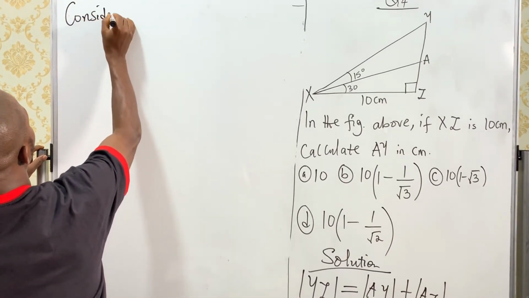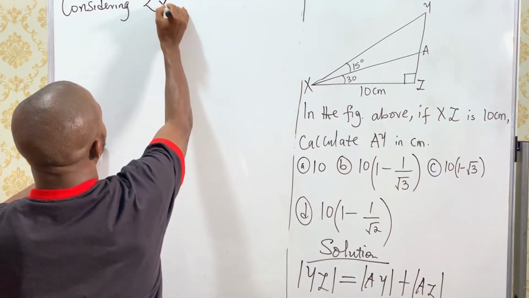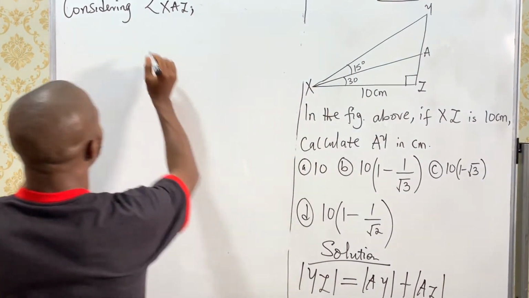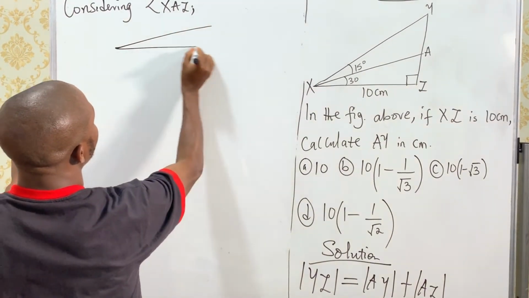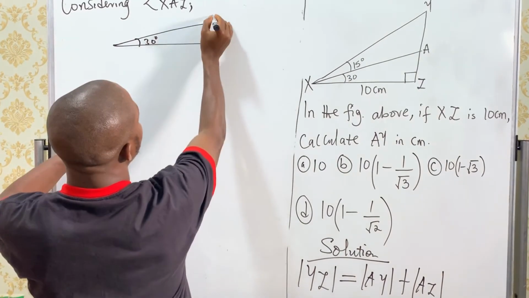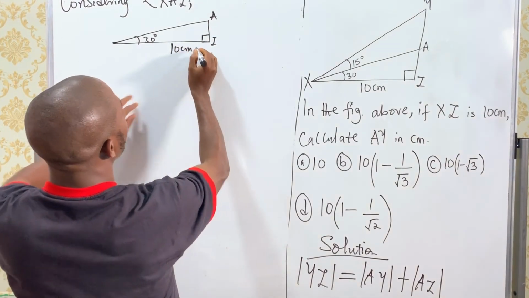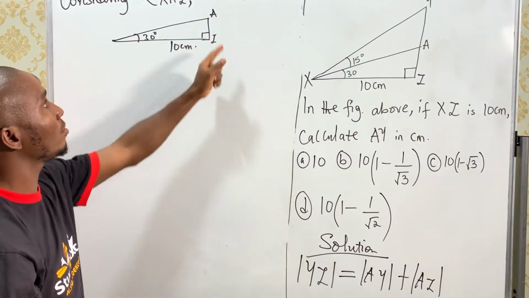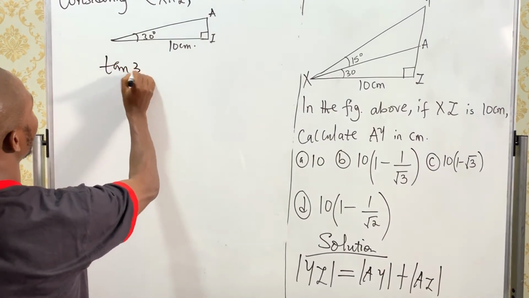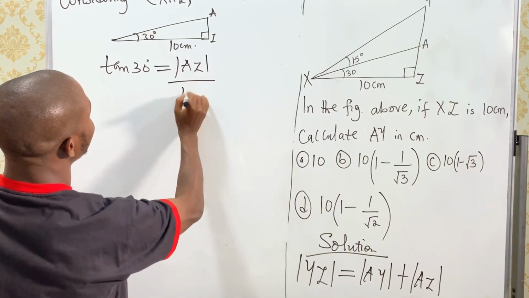If you pick out that triangle, this is 30 degrees, this is A, this is Z, this is a right angle, and this is 10 centimeters. We can find our AZ from here. That is tan 30 will be equal to AZ divided by 10.